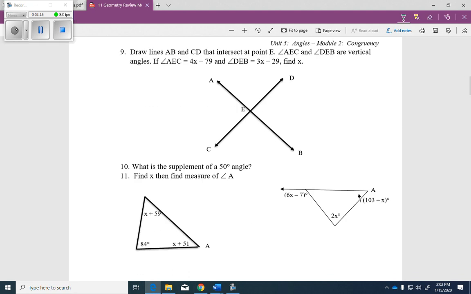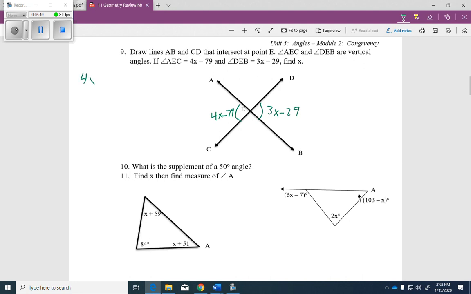The lines are already drawn for us, intersecting at E. And they're telling me that AEC, this one, is vertical to DEB. That's true. And they're telling me the measures, or an algebraic representation of these angles. But since they're vertical, we know that they're equal to each other.